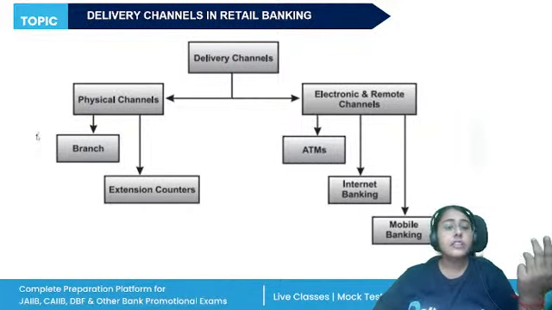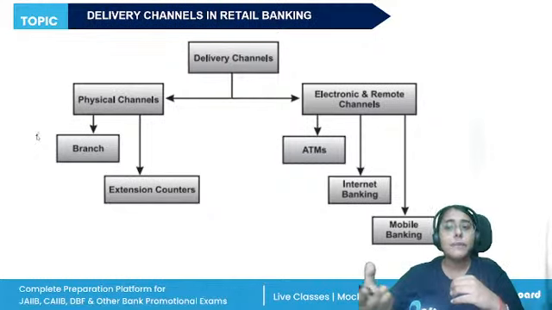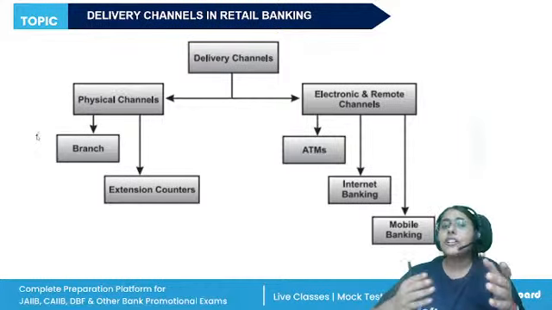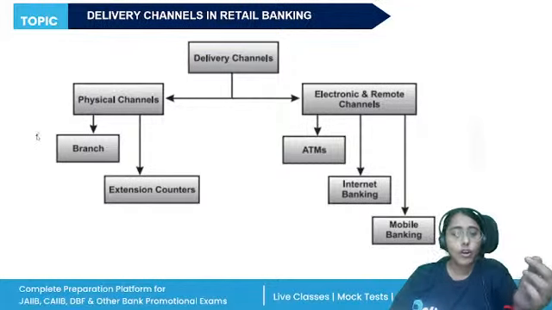In the branch, layout and ambience is important. Service delivery quality is important. Personal bank branches. The business correspondents are deployed by the banks to provide reachability in the unbanked rural segment for financial inclusion, right? The difference between both are also important.